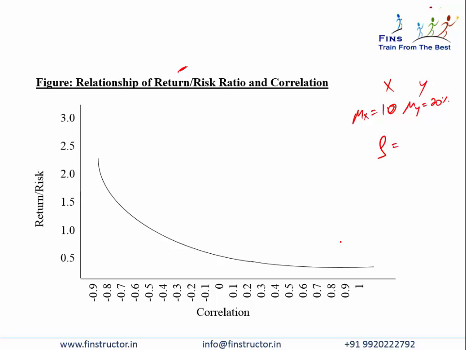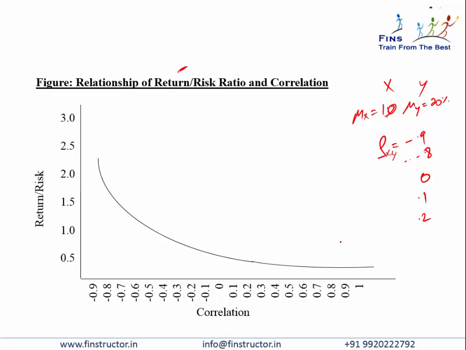So let's say correlation varies from minus 0.9 to minus 0.8, 0, 0.1, 0.2. Please note the maximum and minimum values can be plus 1 and minus 1. So the correlation between the two keeps varying.